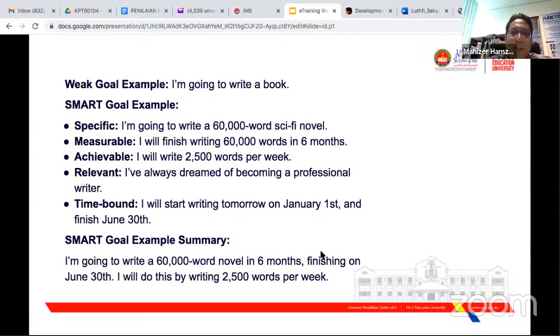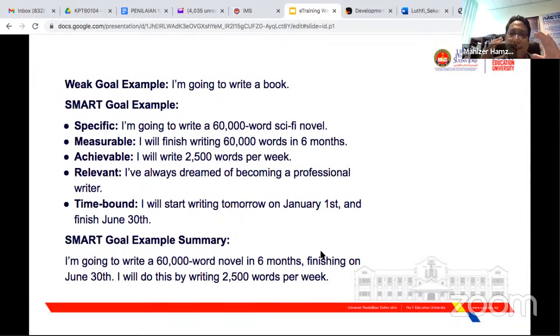Okay, 2,500 per week, and for 6 months maybe you have 4 times 6, 24 weeks. At the end, before the 6th month, you already have your 60,000 words. Relevant: I've always dreamed of becoming a professional writer. That means it's relevant because that's your dream. Time bound: I will start writing tomorrow on January 1st and finish in June.